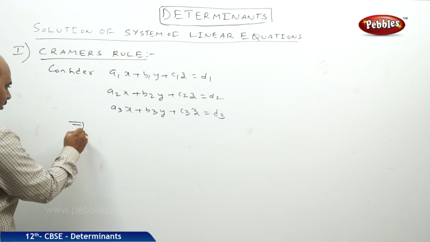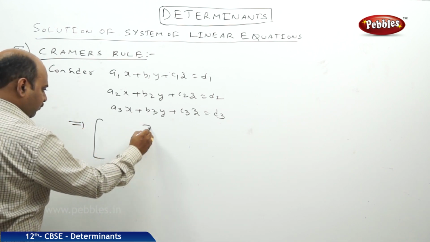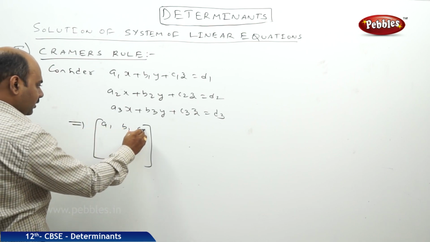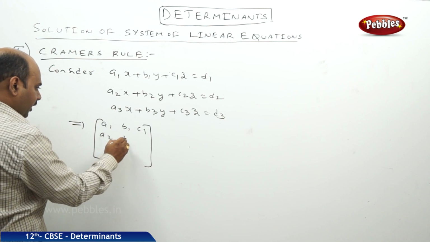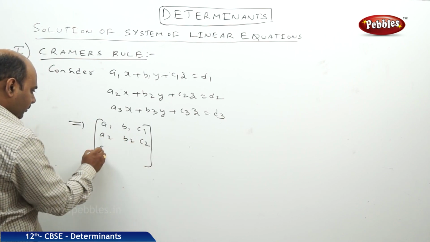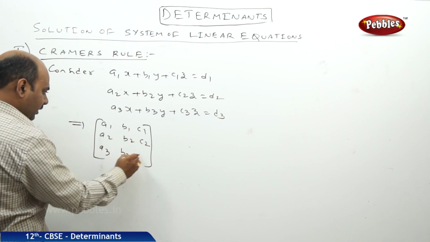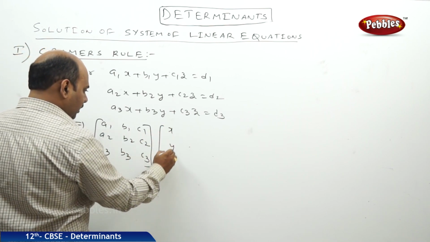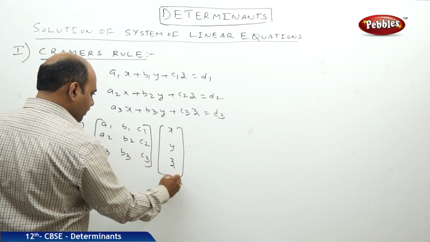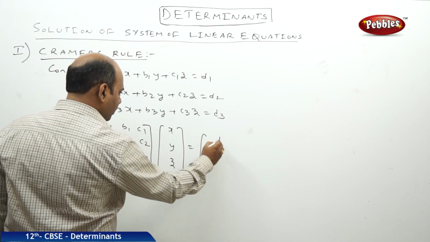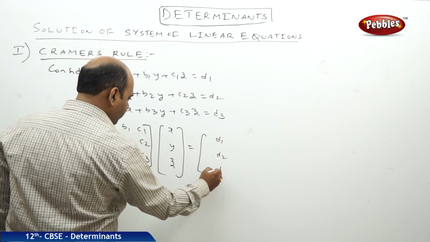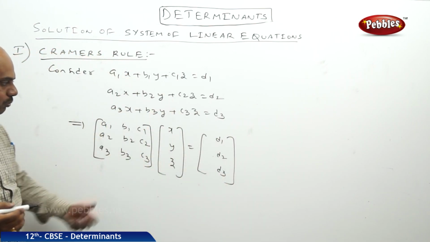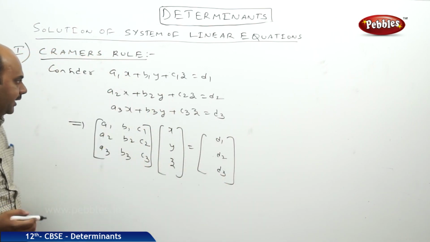When kept in matrix form, we can write a1 b1 c1, a2 b2 c2, a3 b3 c3 into x y z equal to d1 d2 d3. The system of linear equations put together in matrix form can be written like this.